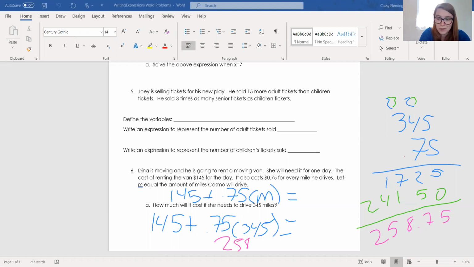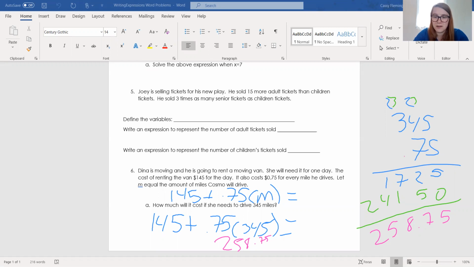I'm going to check with my calculator because it's been a minute since I've done this kind of math and I don't want to tell you the wrong thing. So we know we had to do 75 times 345. That gives us $258.75. Look at that.